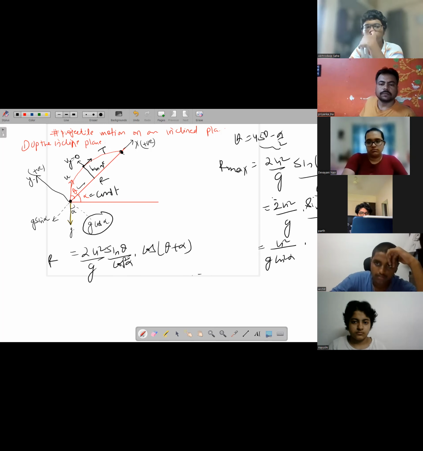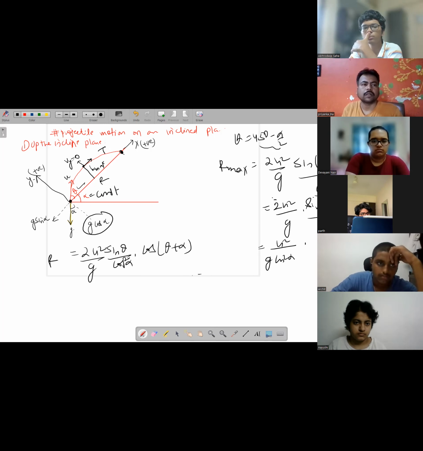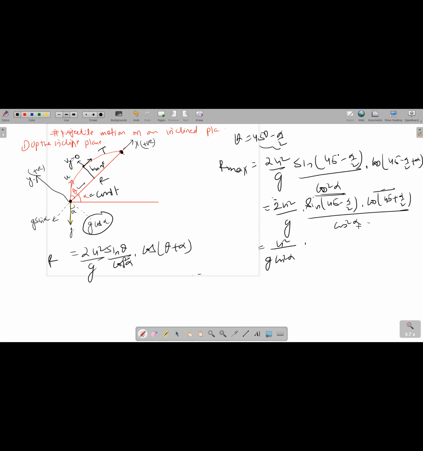It is sine A plus B plus sine A minus B. So sine A plus B, this plus this, alpha by 2 is gone, that is sine 90, plus sine A minus B. So sine this minus this, 45 gone, minus alpha by 2 minus alpha by 2, that is minus alpha. So sine minus alpha, that is minus sine alpha.